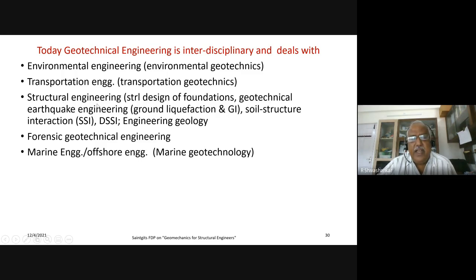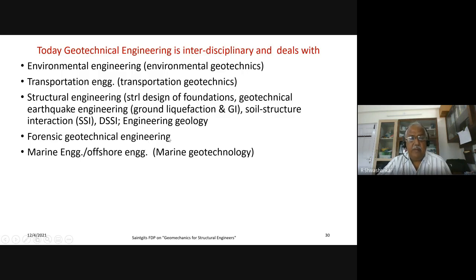A civil engineer can don the hat of both structural engineer and geotechnical engineer. I'm not making any difference between structural and geotechnical engineer. The civil engineer has to consider the type of soil and the impact of the structure on the soil, especially in seismic zones.